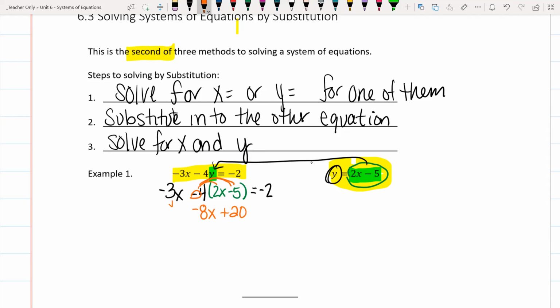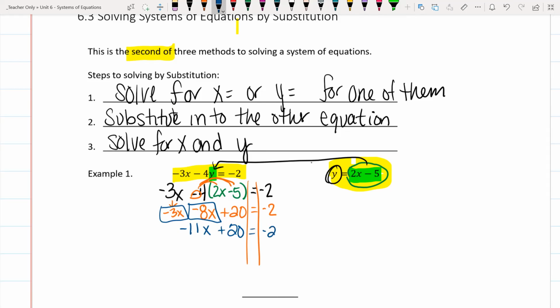You just bring your -3x down and bring down the -2, right? Maybe draw the river if that helps. Sorry. Okay, so now you're going to combine your like terms. We have a -3x minus 8x. -3 minus 8 is -11x. Bring down the rest of the equation.